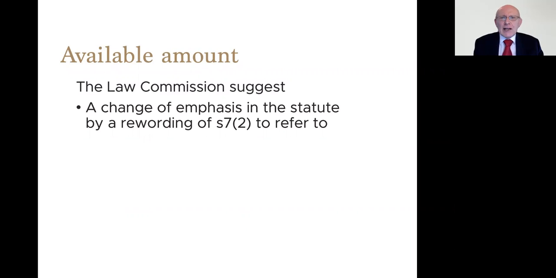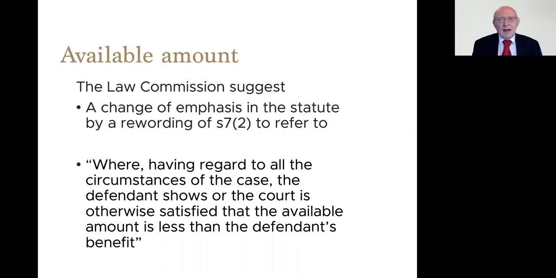So what do the Law Commission say? Well, they suggest a change of emphasis in the statute by a rewording of subsection 2 of section 7. And what they suggest is that it should refer to where, having regard to all the circumstances of the case, the defendant shows or the court is otherwise satisfied that the available amount is less than the defendant's benefit.